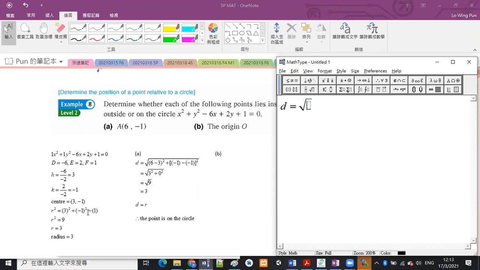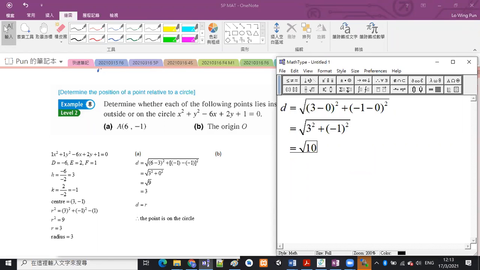The coordinates of point O are 0, 0. So it should be the square root of (3 minus 0) squared plus (-1 minus 0) squared, which is 3 squared plus -1 squared. So that should be square root of 10.